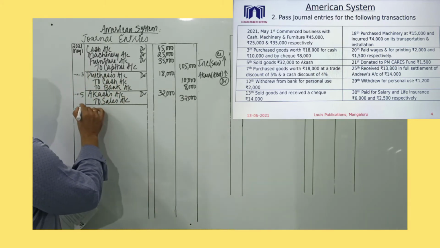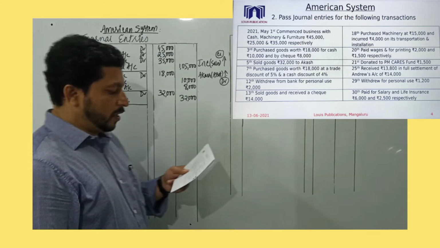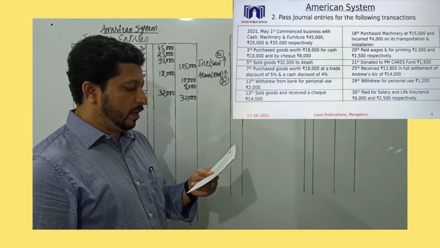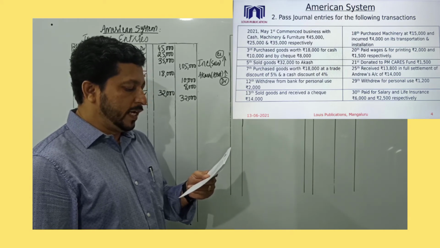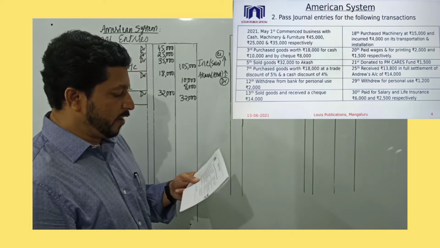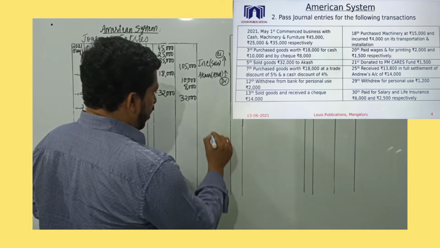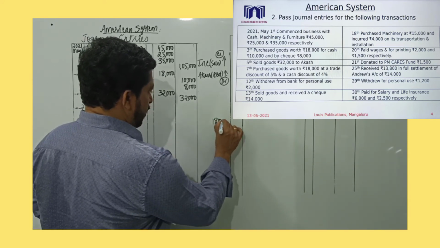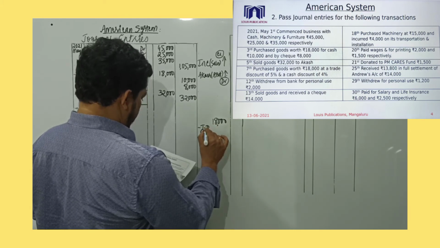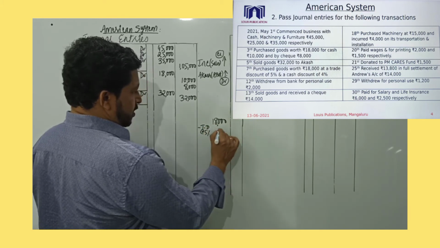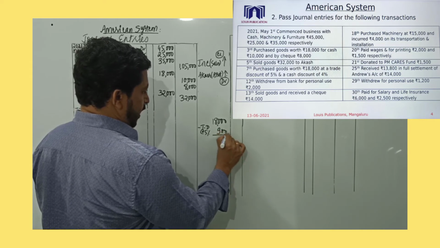Next is 7th transaction. Similar to what we had in the earlier problem, but earlier was sales, this is purchases. Purchase goods worth rupees 18,000 at a trade discount of 5% is given. So from 18,000 rupees, first we are going to deduct trade discount at 5%. So 10% is 1,800, 5% is 900.